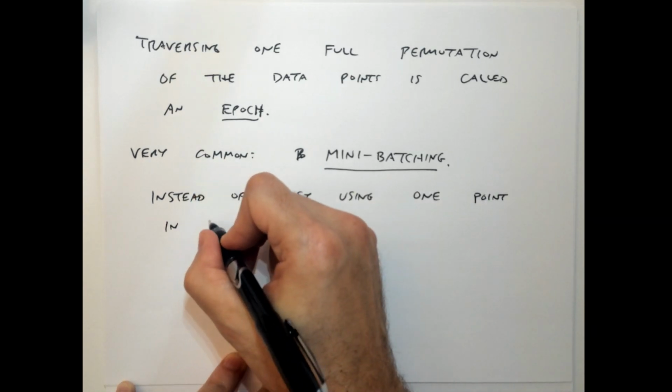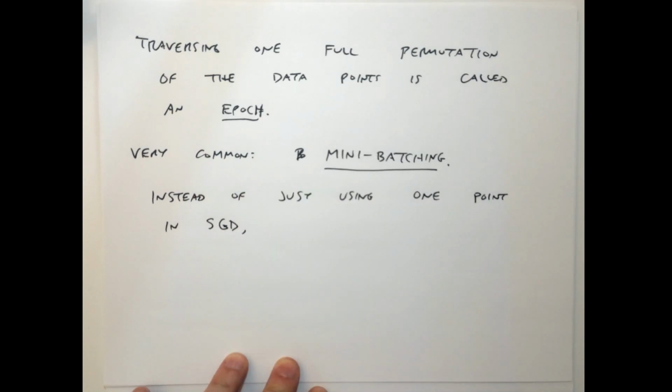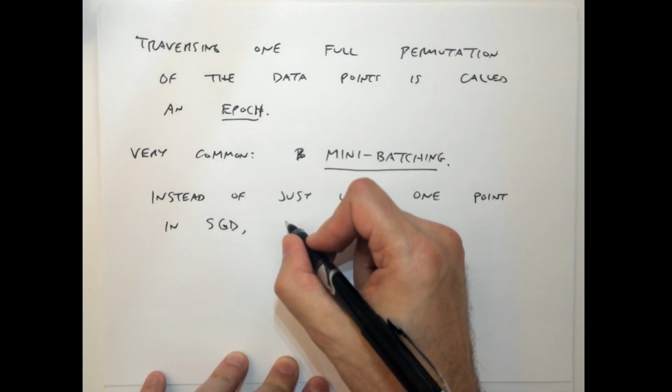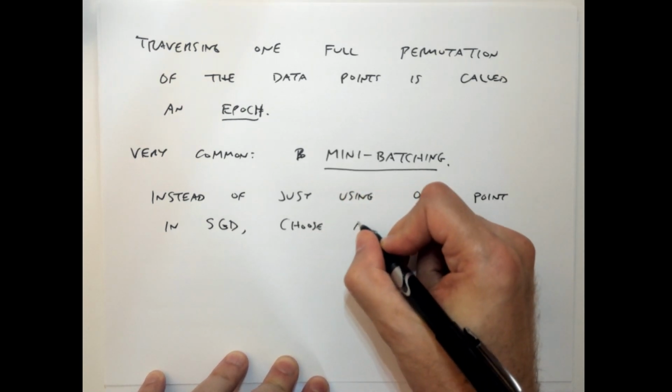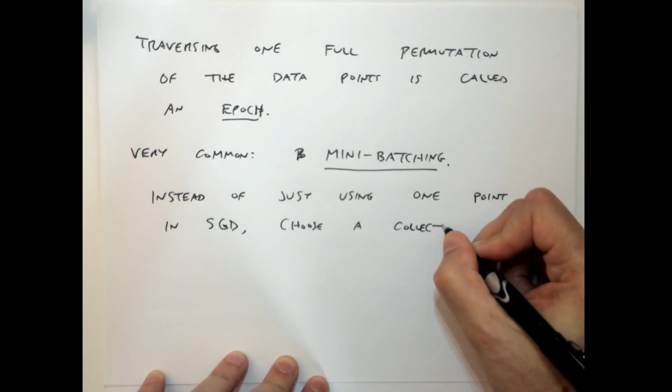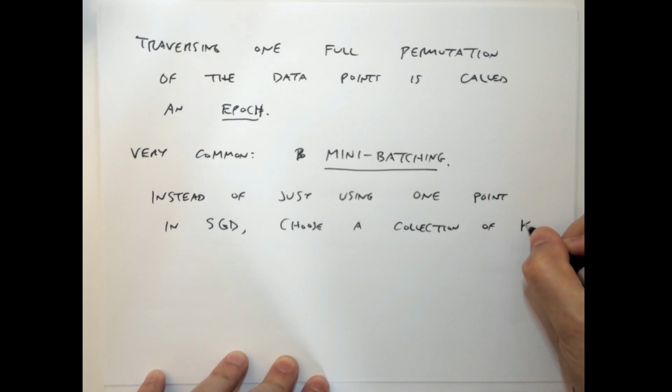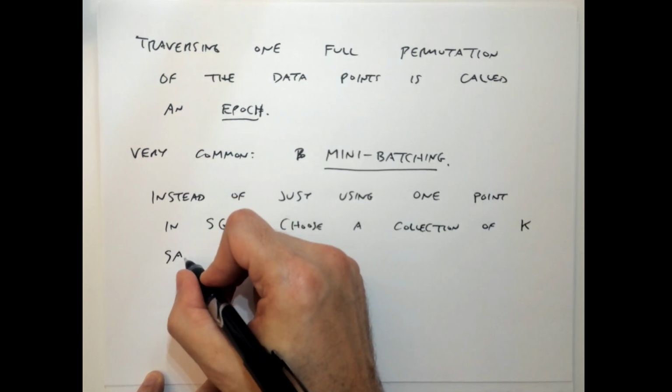So instead of just using one point in this stochastic gradient descent algorithm, I choose a collection of k samples.